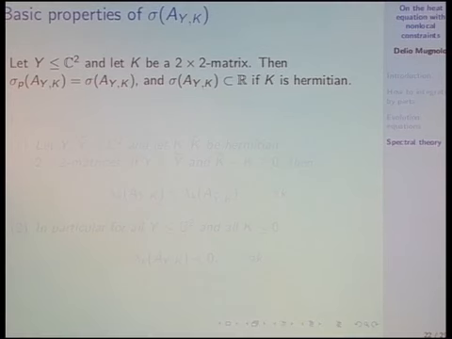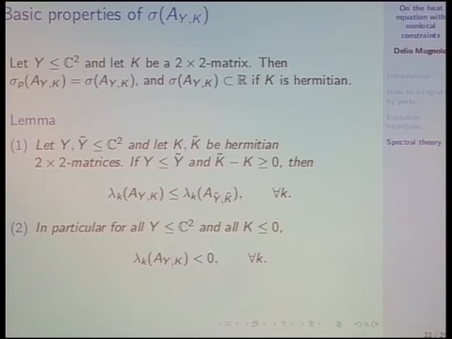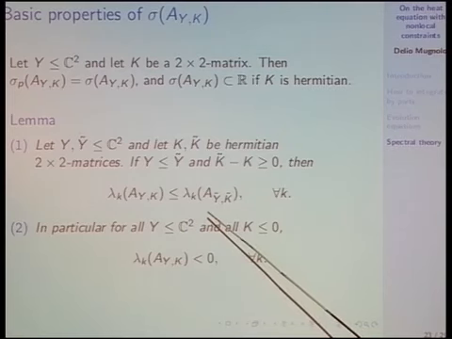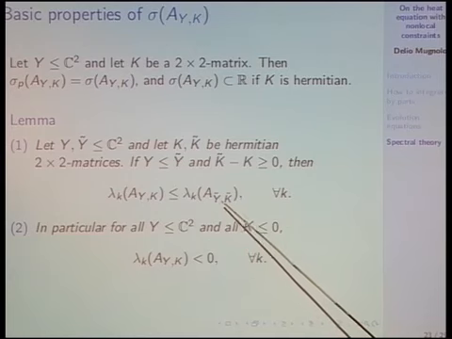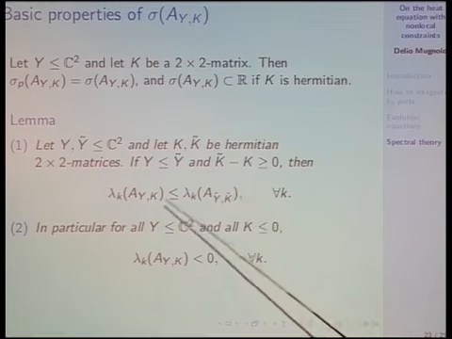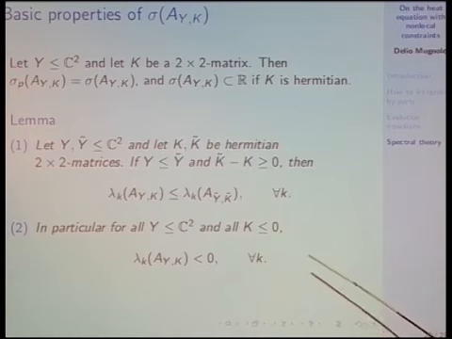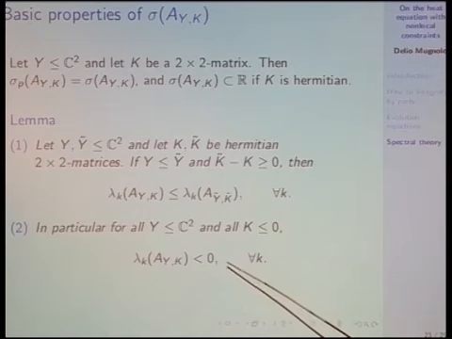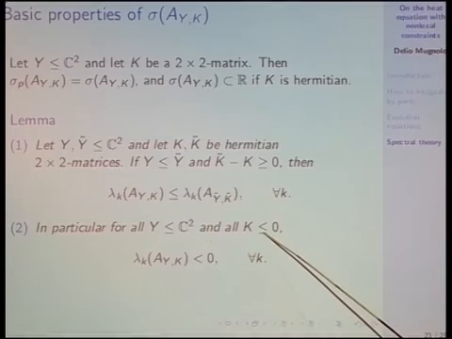By standard methods based on Courant-Fisher theory, you can get some domination results for the spectra of the operators associated with different choices of Y and K. And in particular, you get that all the eigenvalues are negative as soon as K is a negative definite matrix.